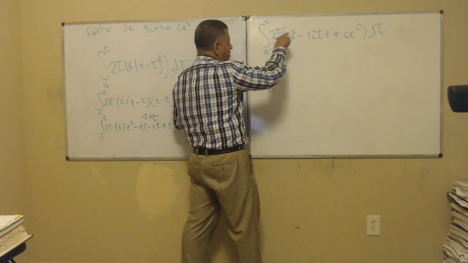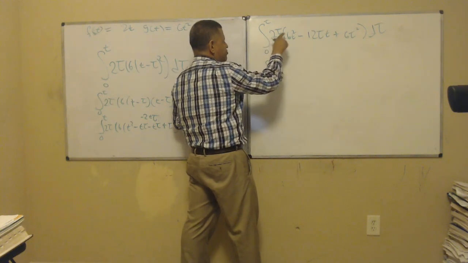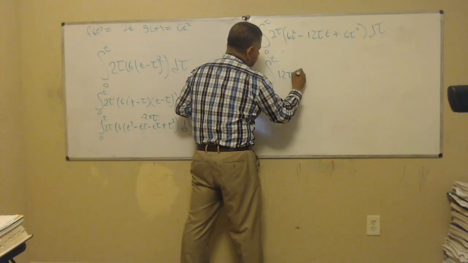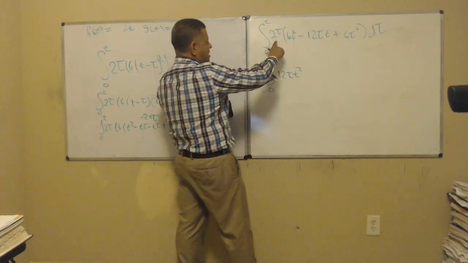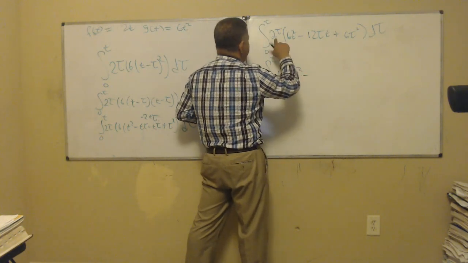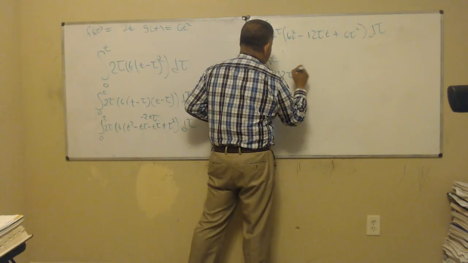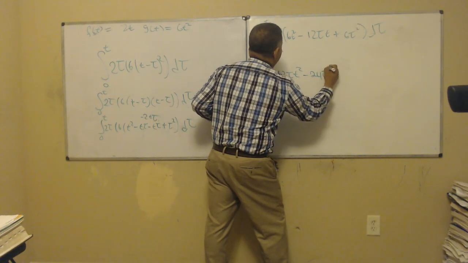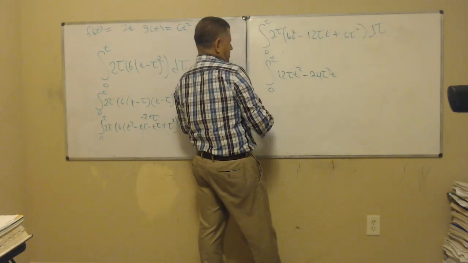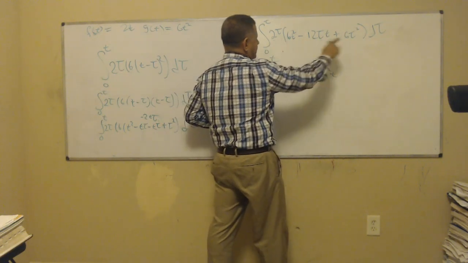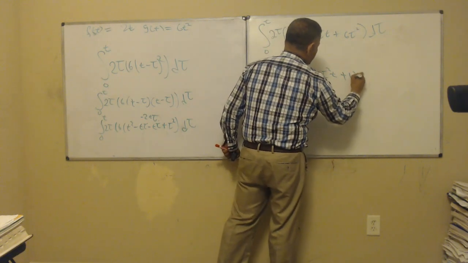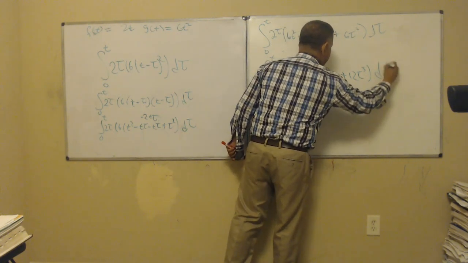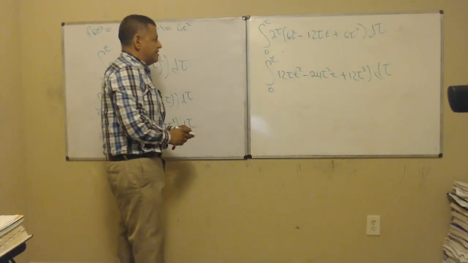Then that 2 tau gets inside, and when I distribute it I get 12 tau t squared, then minus 24 tau squared t, then plus 12 tau cubed, and everything is being integrated with respect to tau.